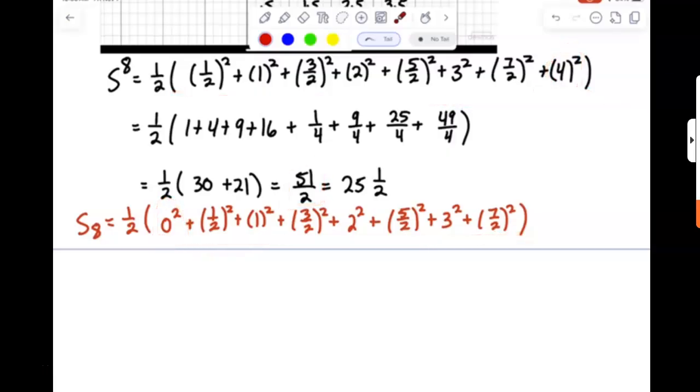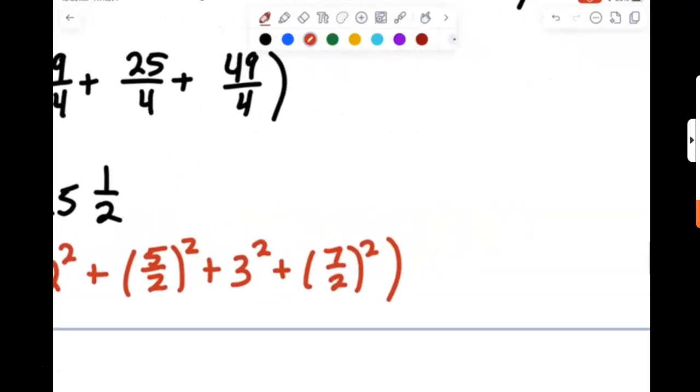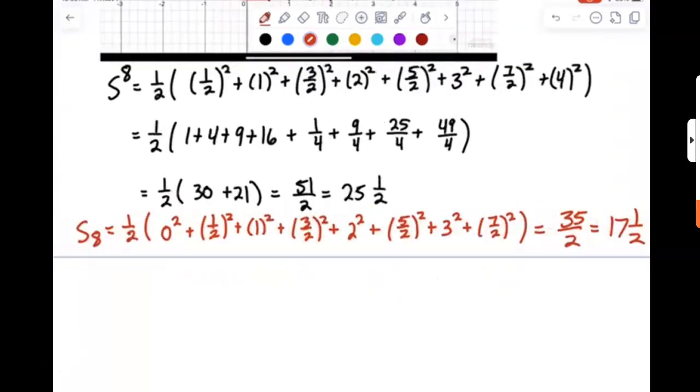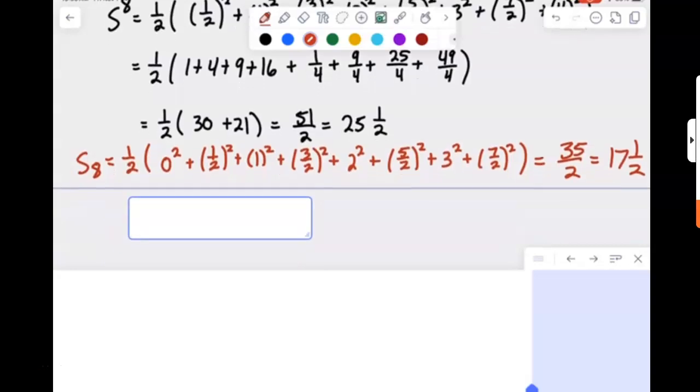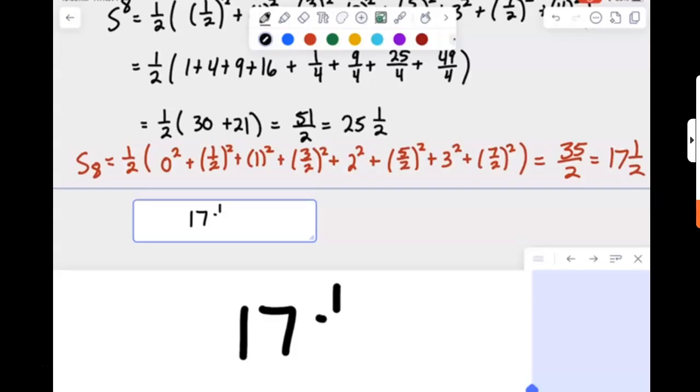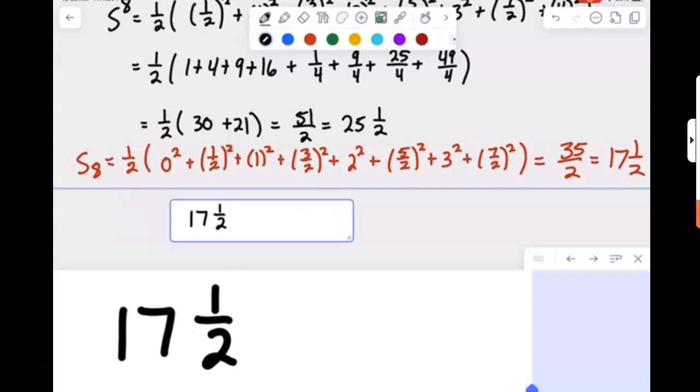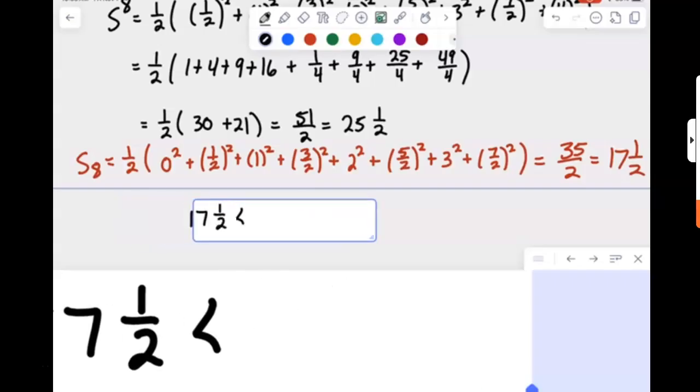So this is going to be 16 smaller, and then times a half, so it's actually going to be 35/2, which is 17.5. So much better underestimate than what we had earlier. So overall now we can say this much, that the area beneath the curve is somewhere between 17.5 and 25.5.